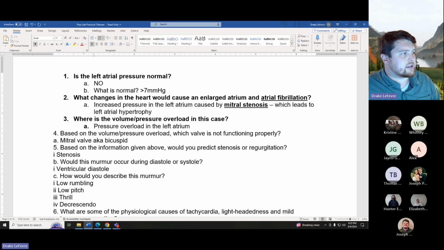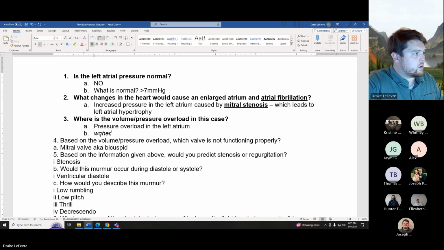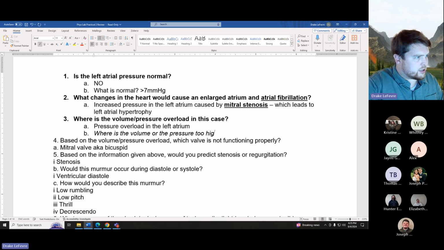When we ask the question volume pressure overload, we're essentially asking where is the volume or the pressure too high, because it's overload.